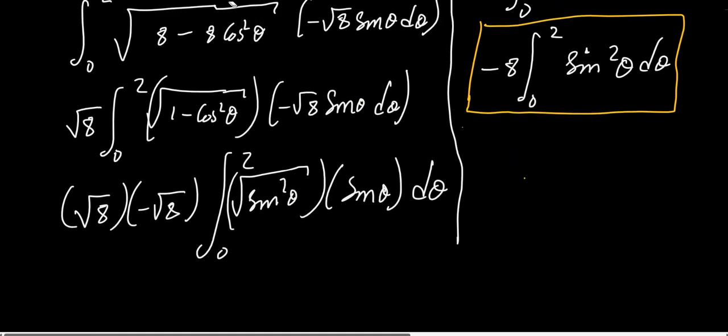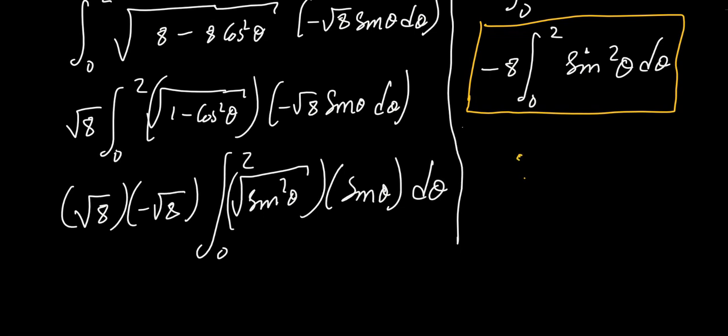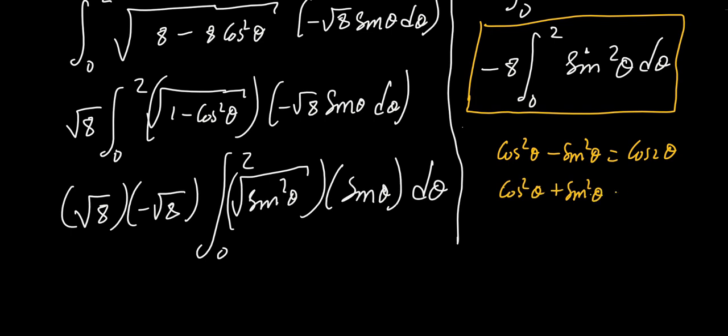So what do I mean by that? We already know that the identity is cos squared theta minus sine squared theta is cos 2 theta. We also saw that cos squared theta plus sine squared theta, or better still, sine squared theta plus cos squared theta was 1.